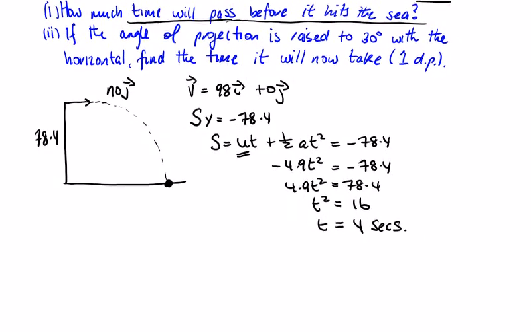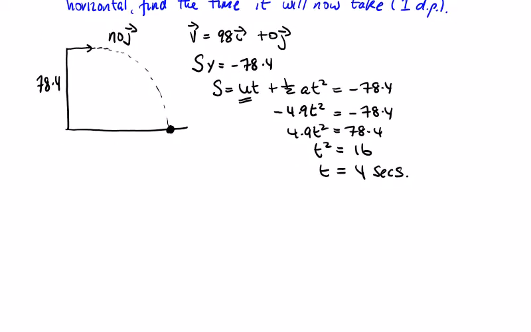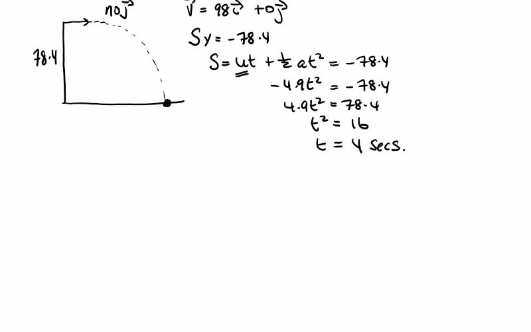If the angle is raised to 30 degrees, okay, now this is the first time in exercise 3B that we've seen these angles. So let's have a look. If the angle is raised to 30 degrees, so it's now being projected in this direction at 98 meters a second. And my angle in here is 30.